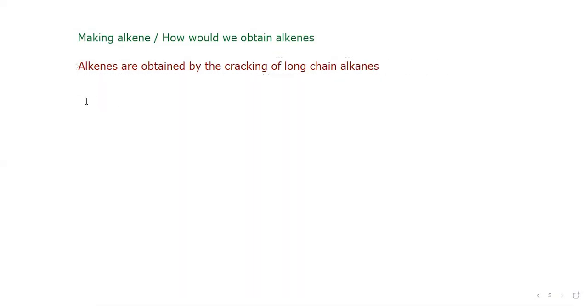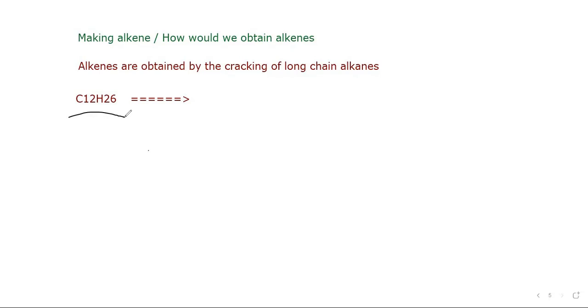For example, I'm writing a few chemical equations to show the process of cracking. C12H26. It's a long chain alkane. How can we say it's an alkane?